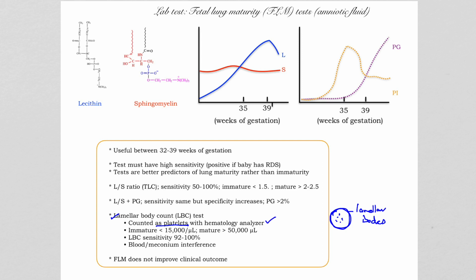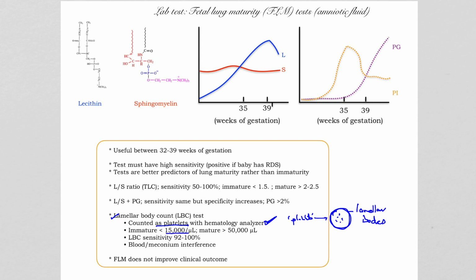This can be readily done by labs because all labs already have a hematology analyzer, and they just use the amniotic fluid and count the so-called platelets. Actually, these are not platelets, but the instrument doesn't know. So the instrument counts the lamellar bodies.